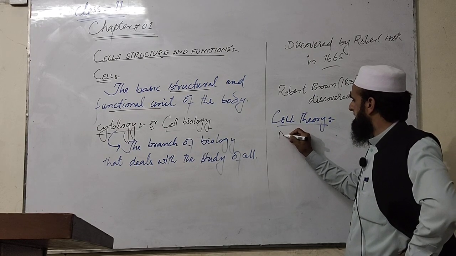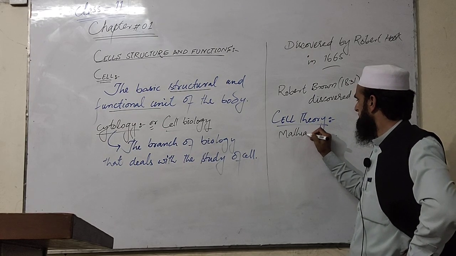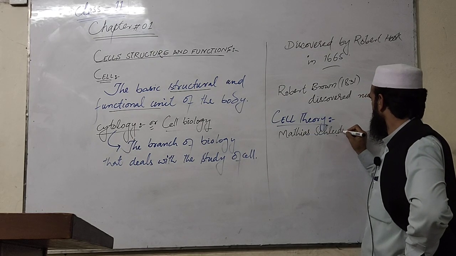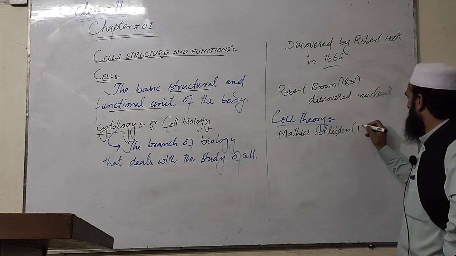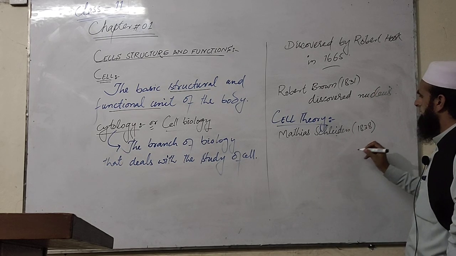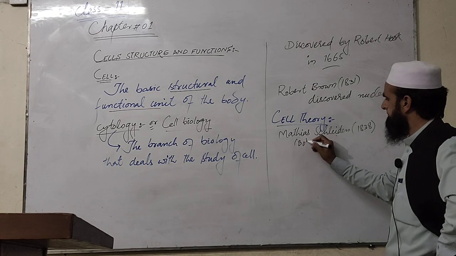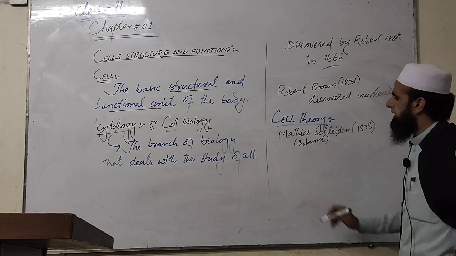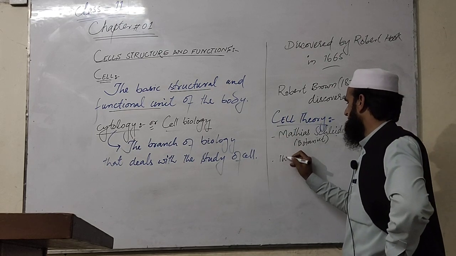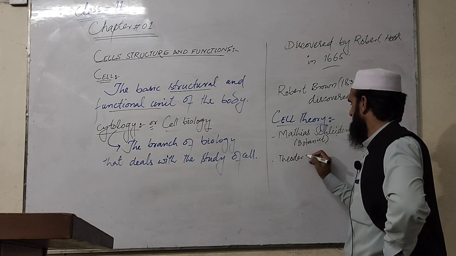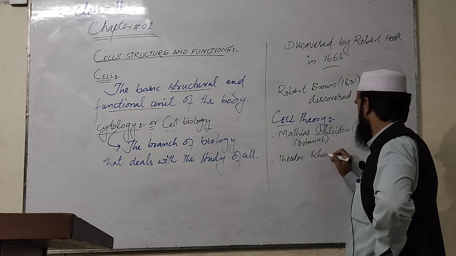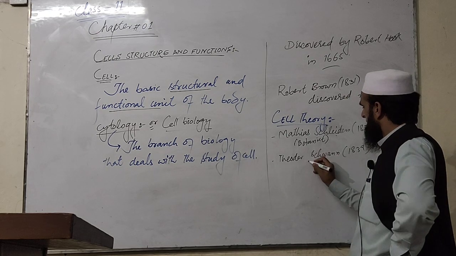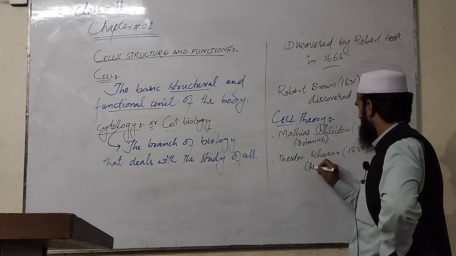One was Matthias Schleiden in 1838, a German botanist. Another was Theodor Schwann in 1839, a zoologist.